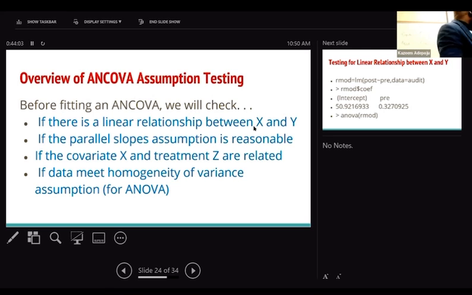Then another assumption is that the covariate X and the treatment should not relate. There shouldn't be any relationship between the categorical predictor and the covariate. We have a way to test that. And the last assumption is homogeneity of variance, which I'm going to quickly walk you through.